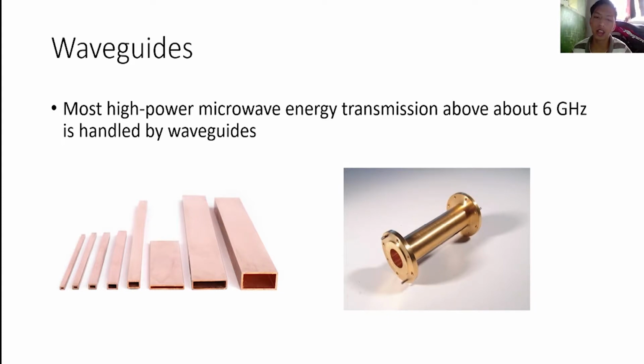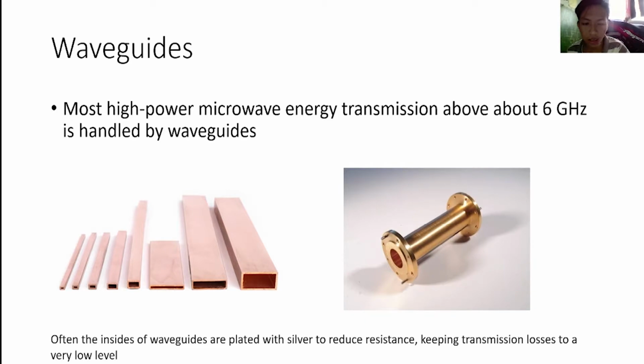You can visualize that a waveguide is made of a conductor such as bronze or gold. Often, the insides of waveguides are plated with silver to reduce resistance, keeping transmission losses to a very low level. In a later slide, we will discuss the losses, and one of the reasons is the material used.